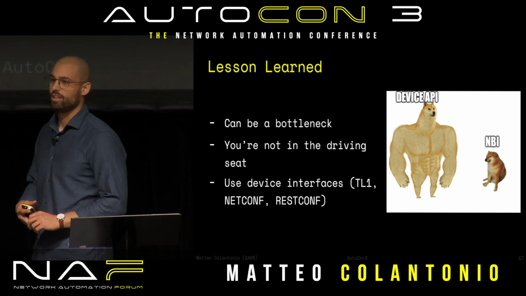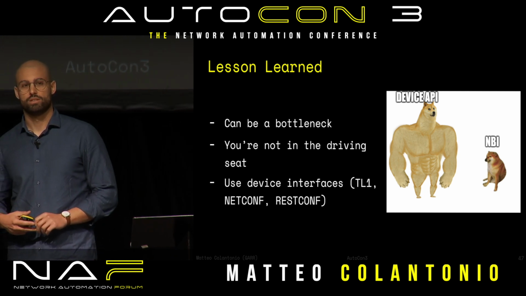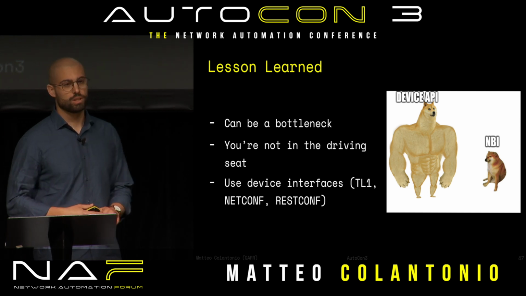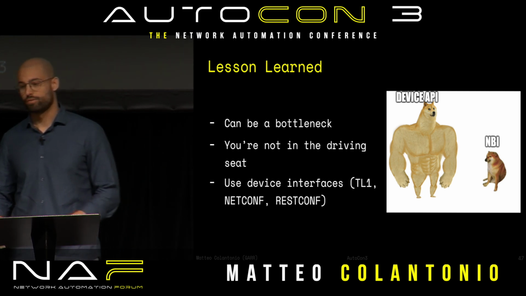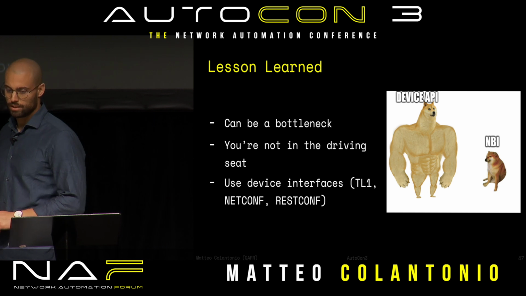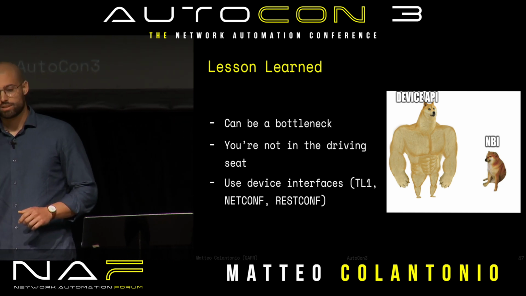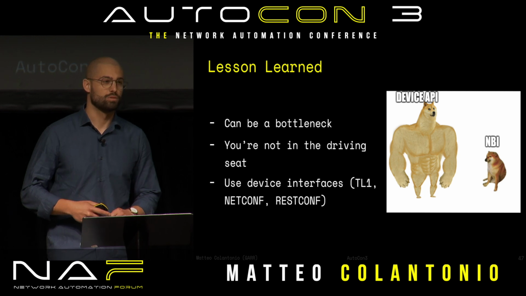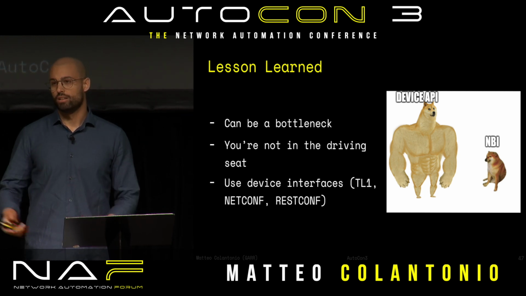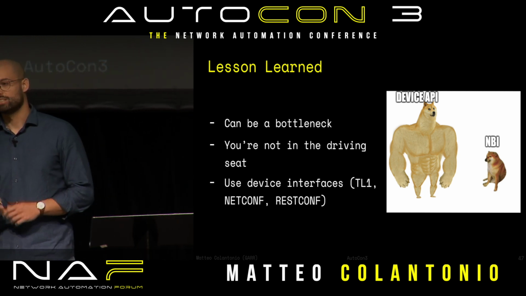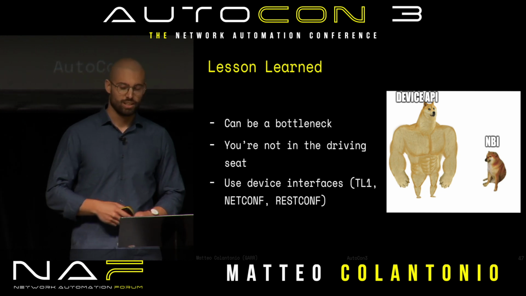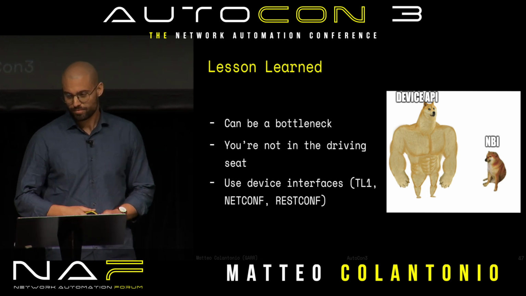You are not really in the driving seat, because any serious bug or feature request will take weeks, if not months, to be implemented. So we decided to use device interfaces instead to get the full features, exactly the same features we get with the GUIs.